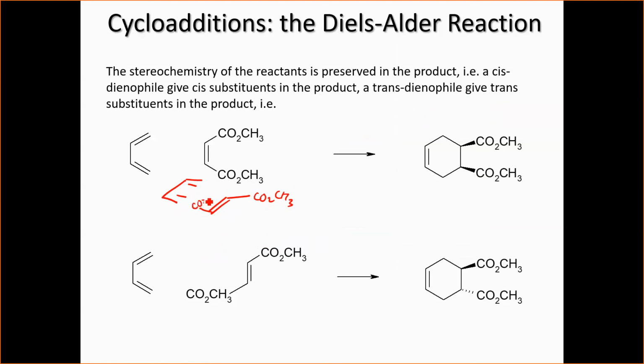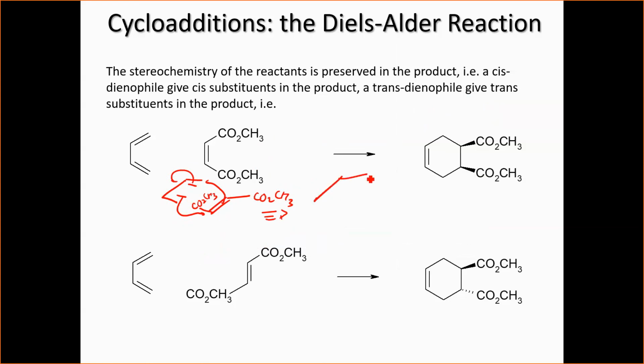CO2CH3, remember that. So there is a sacrifice. If one goes inside, the other has to stick outside. So now if that is the case, this bond will go here, this bond goes here, and this bond goes here. So what's going to happen now?